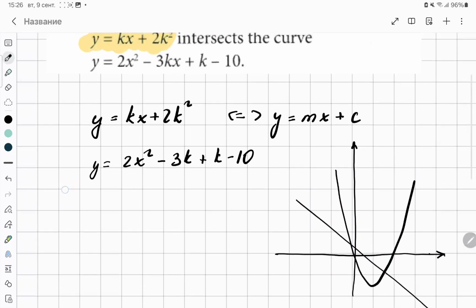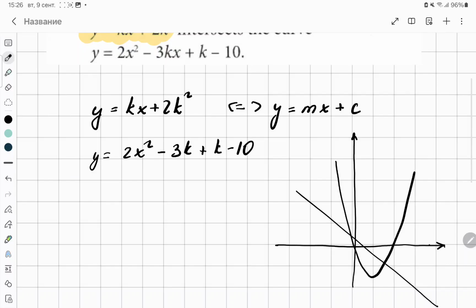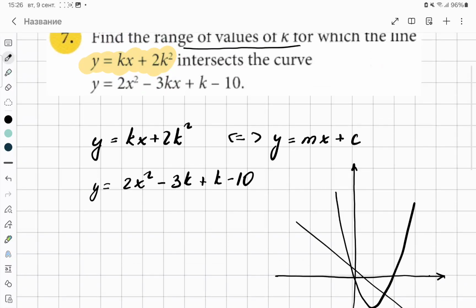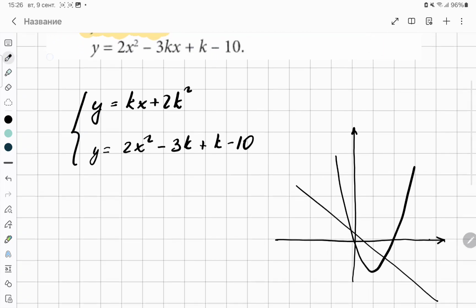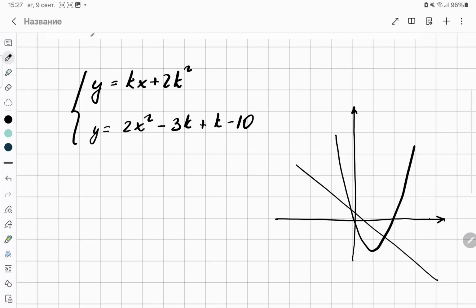To say that they have a common point means we have to equate the coordinates of the points, or technically speaking, solve this system of equations. It is clear that we can easily use the substitution approach.